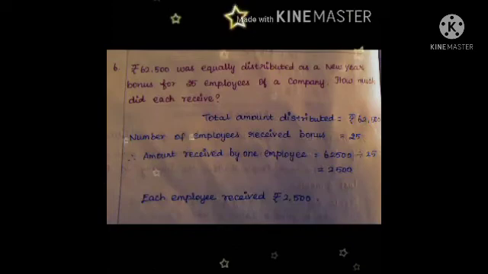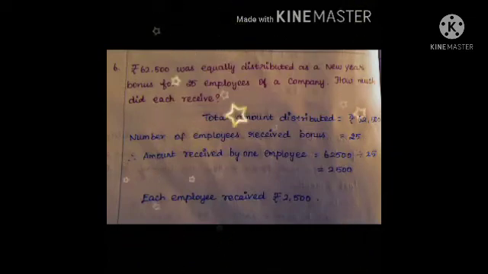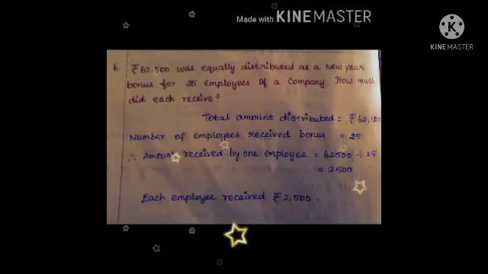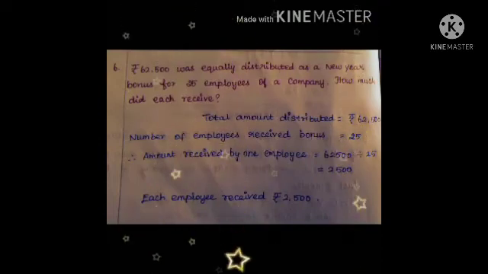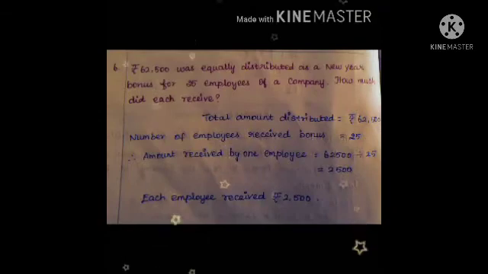Okay, now the next question. Rupees 62,500 was equally distributed as a New Year bonus for 25 employees of a company. How much did each receive? Okay, they are saying 62,500 rupees was given to the 25 employees as the New Year bonus.